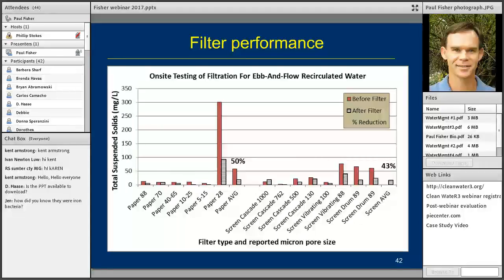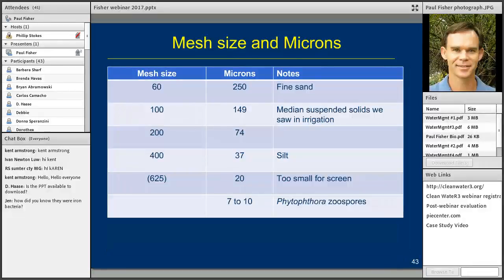And we've got all these paper or fabric filters from different greenhouses on the left, and we've got different types of screens or metal screens on the right. And so basically what we know is that with each stage of filtration with recirculated water, you take out roughly 50% of the particles. And if we're going to target the EPA recommendation of less than 5 parts per million of suspended solids, we're going to need multiple filter stages.